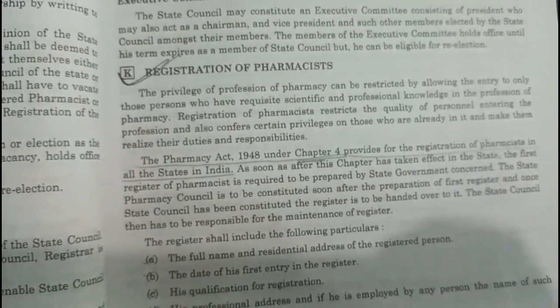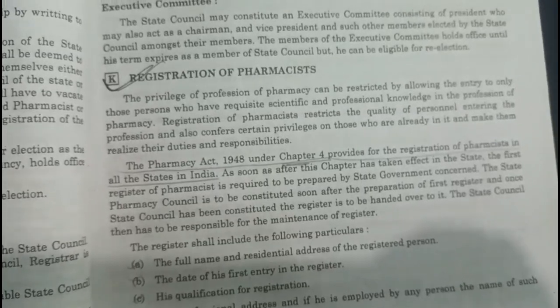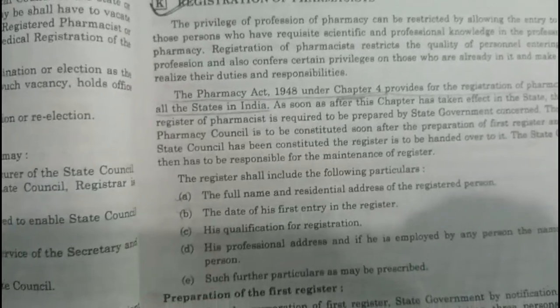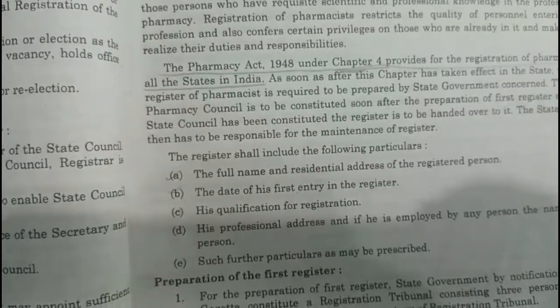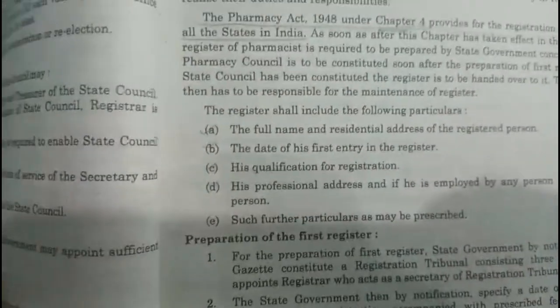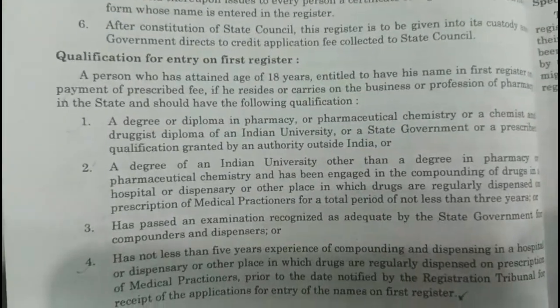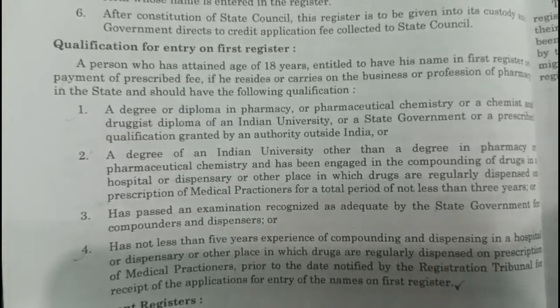Give a brief note on the procedure of registration of pharmacist. Here you have to write the procedures, how to prepare the first register, and the qualification for entry on the first register.